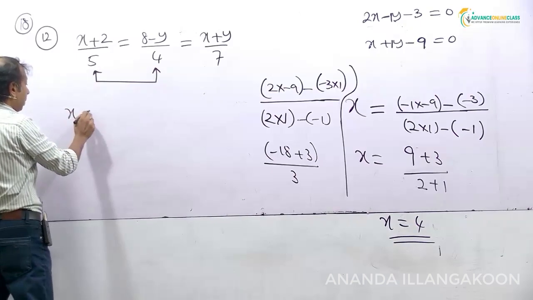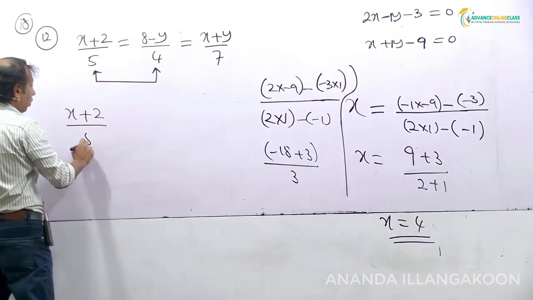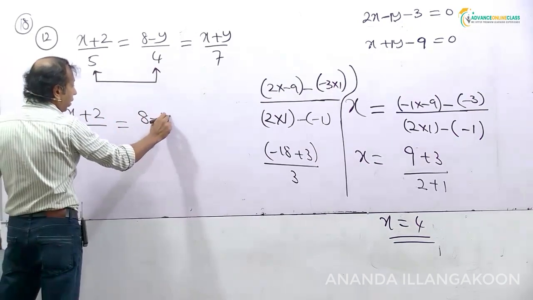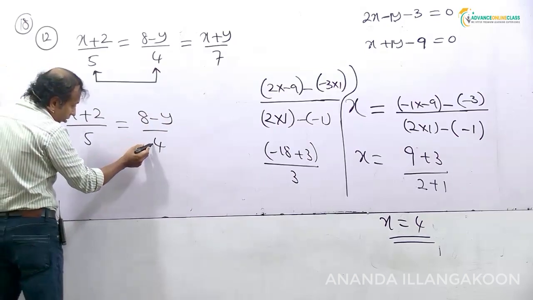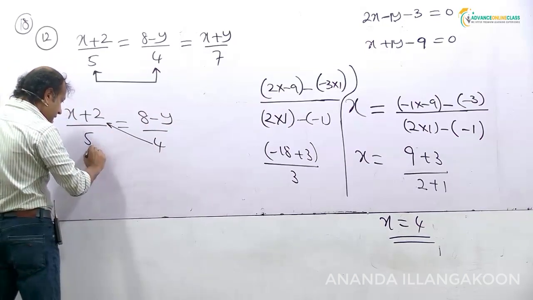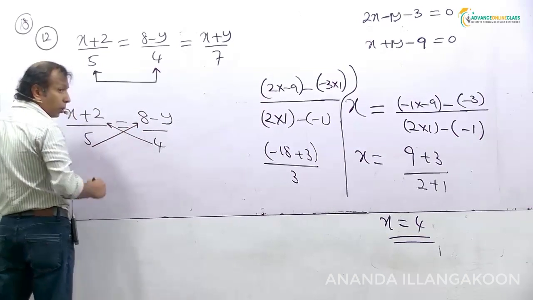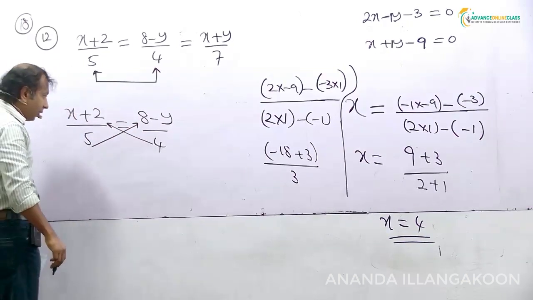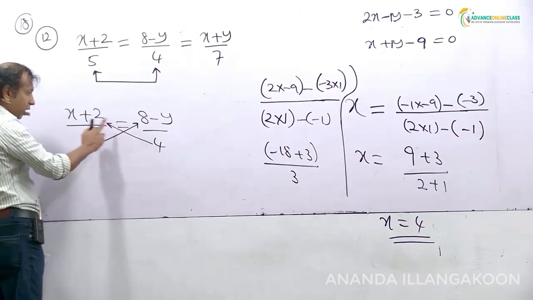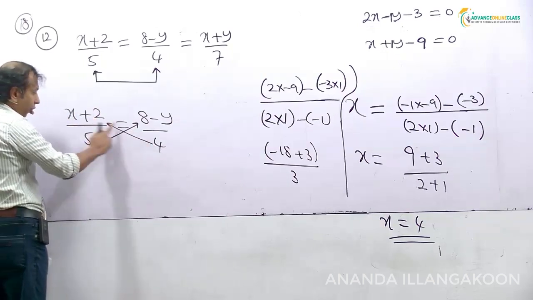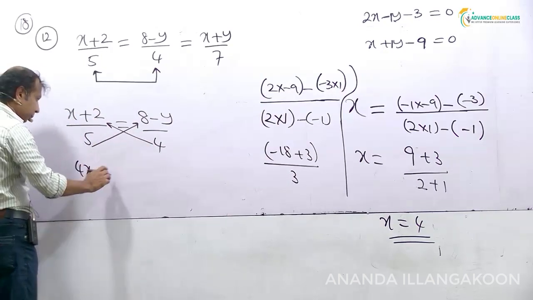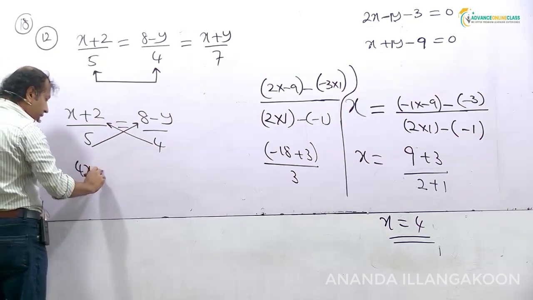First we equate these two. Then what do you get, people? (x plus 2) over 5 equals (8 minus y) over 4. Then use cross multiplication, that means the properties of proportions. By this 4, you should multiply both x and 2. What do you get here? 4 into x is 4x. 4 into 2 is 8.